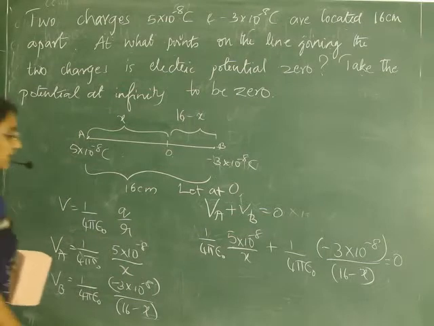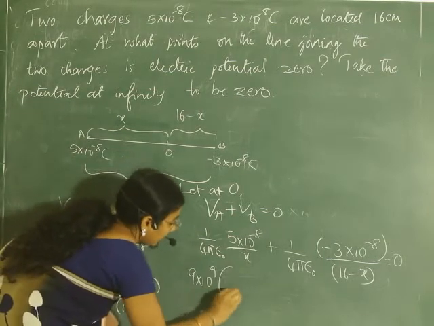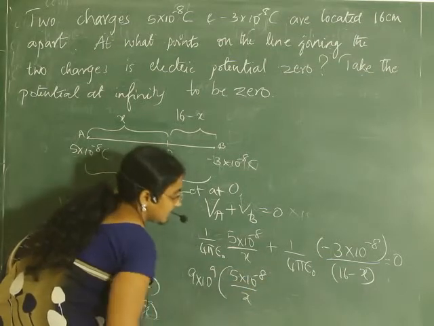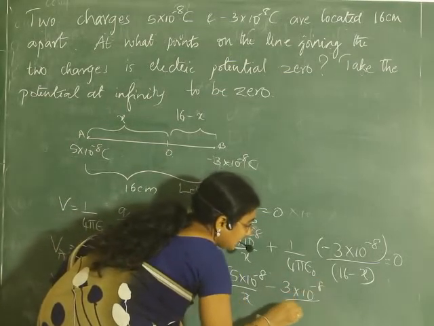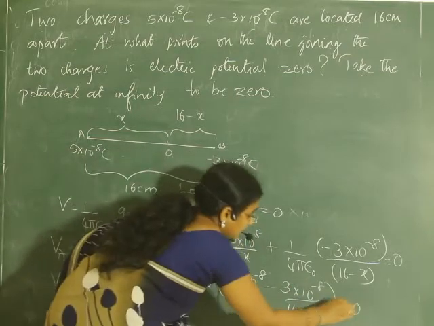Which is common here? 9 into 10 to the power 9. 5 into 10 to the power minus 8 by x, minus 3 into 10 to the power minus 8 by 16 minus x is equal to 0.